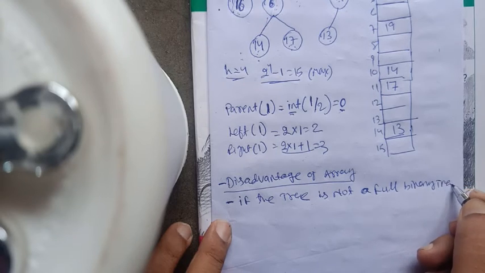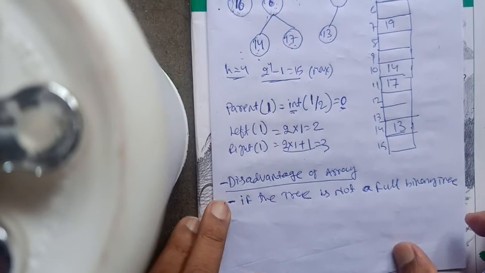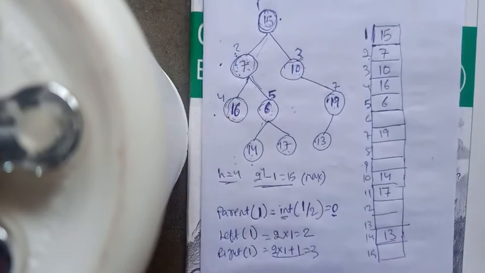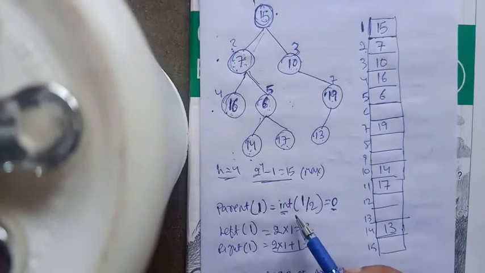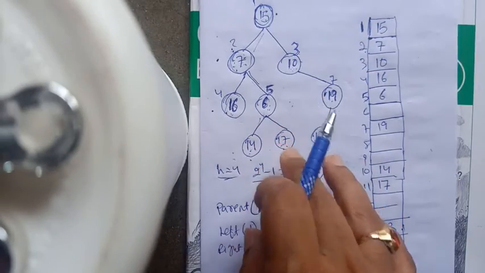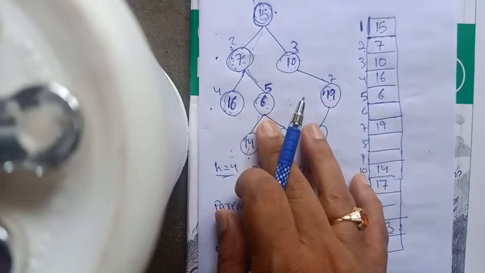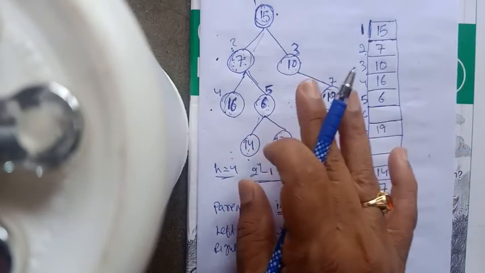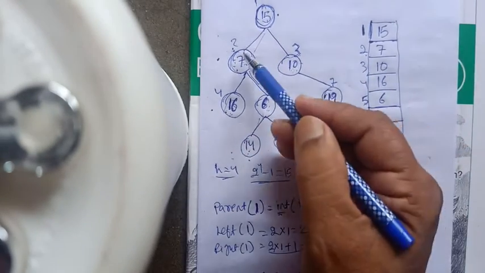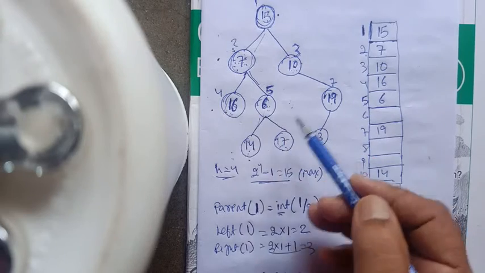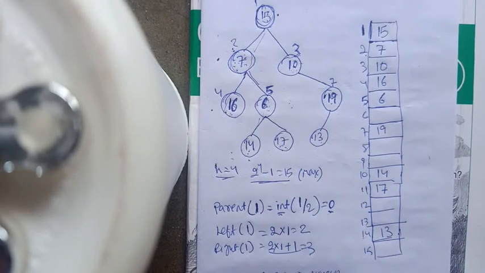I will discuss what is full binary tree later. If the tree is not full binary, see here, the height of the tree is h or 4, and if the height of the tree is 4, then I can store a maximum of 15 nodes. But in this tree there are less than 15 nodes. How many nodes are there? 1, 2, 3, 4, 5, 6, 7, 8, 9. 9 nodes are there.